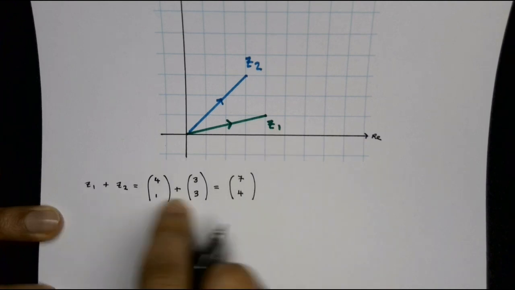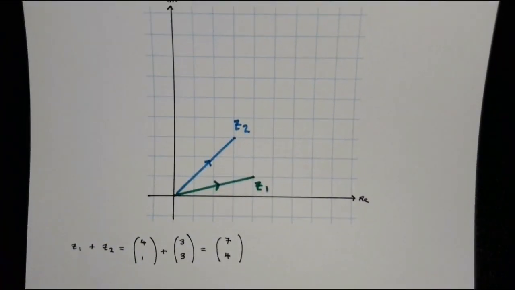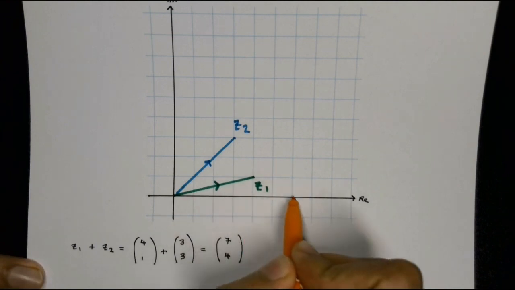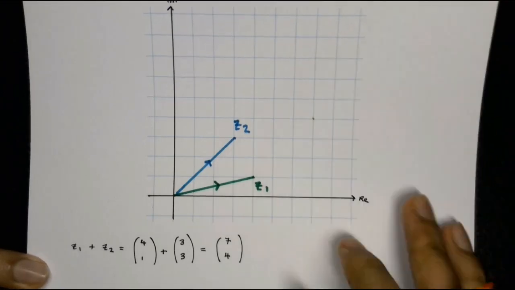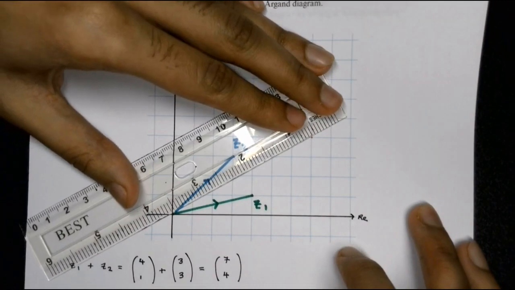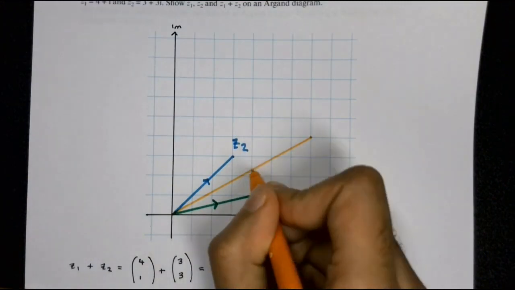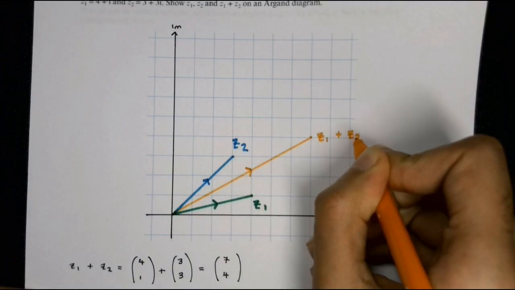So z1 plus z2 is equal to (7, 4). And if we go back to our Argand diagram, 7 across 4 up, let's show this. So we have 1, 2, 3, 4, 5, 6, 7 across the real axis, 4 up the imaginary axis. Here we have z1 plus z2.